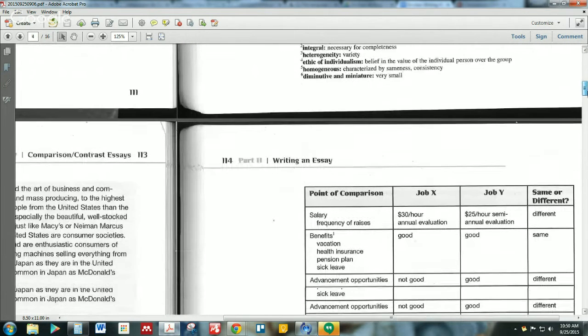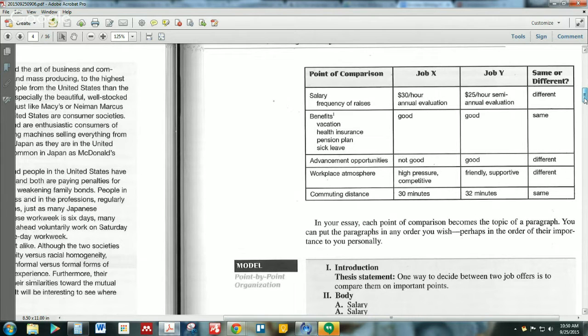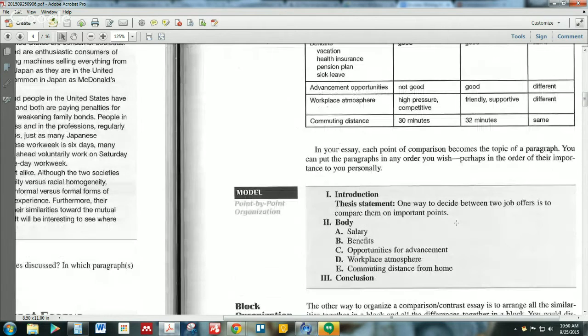So the point to a good essay is to have good organization. And there's a couple different models that we can organize our essay. So if we look here, the point-by-point organization.